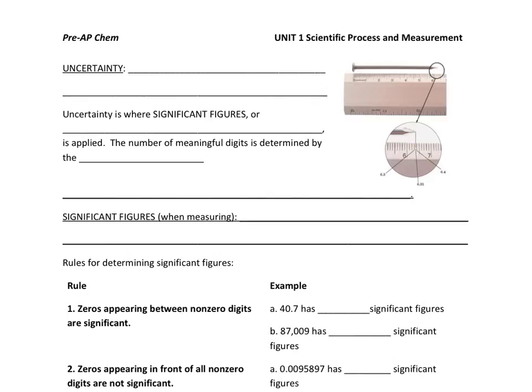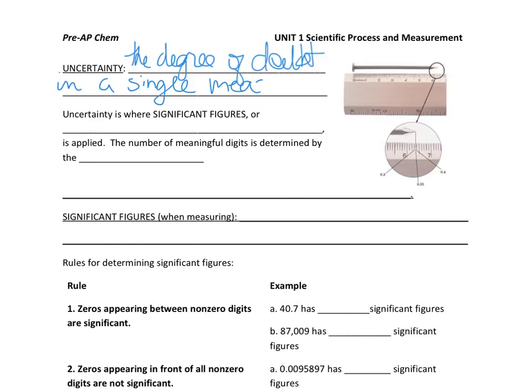So uncertainty is the degree of doubt in a single measurement, and uncertainty is where significant figures, or the number of meaningful digits, is applied.